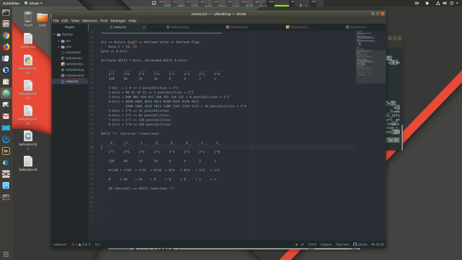So in a byte, which is 8 binary digits, we're only using 7 of them for ASCII characters. 2 to the 7th power, there's 128 possibilities in the ASCII table. So we only use these digits when we write something in ASCII.